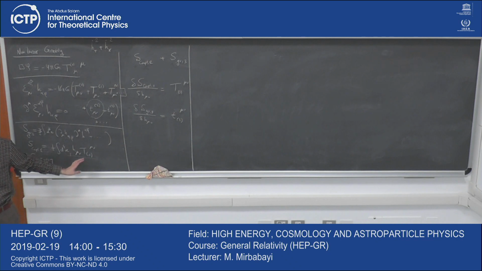The point is that once I write this action, the conserved energy momentum tensor of this action is unique, and it has to know about all three parts of the action. So there is T0 coming from here, a T1 coming from here, and this little T2 coming from there.